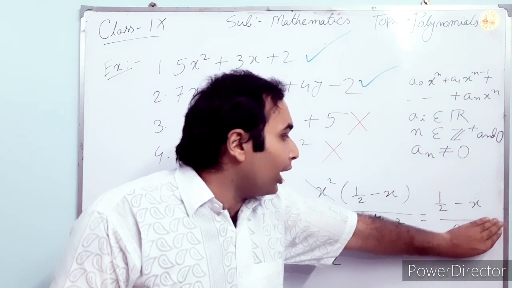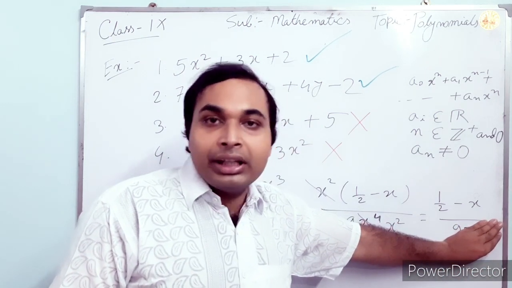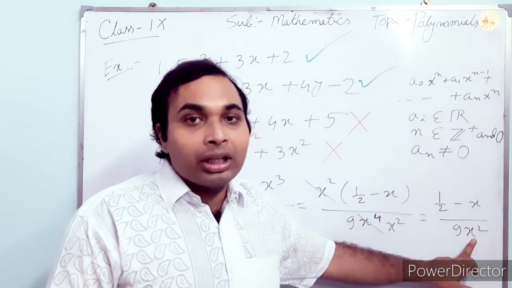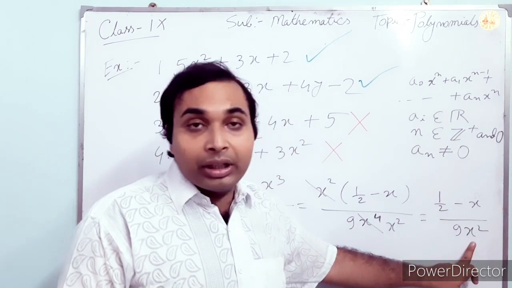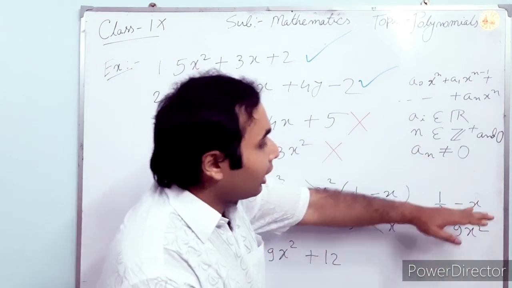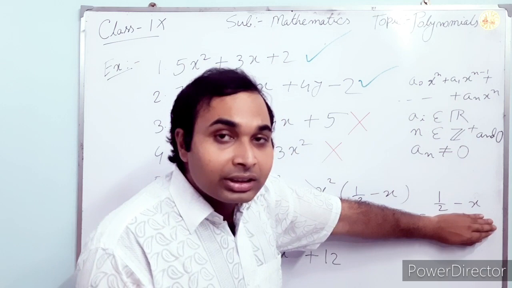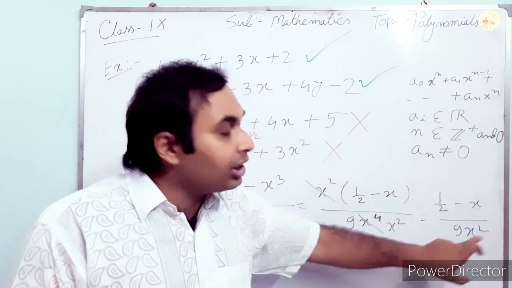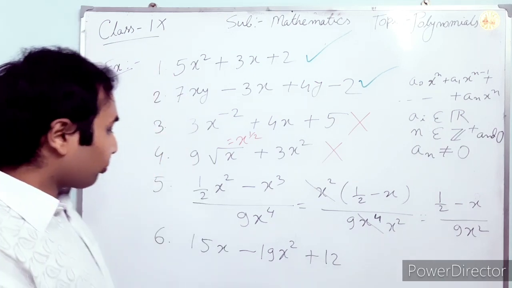If it was only 9, then it was okay, no problems were there. But here the denominator consists of one variable. So that's why this is not a polynomial. Those are polynomials. The numerator separately is a polynomial, the denominator separately is a polynomial. But this whole thing is not a polynomial.